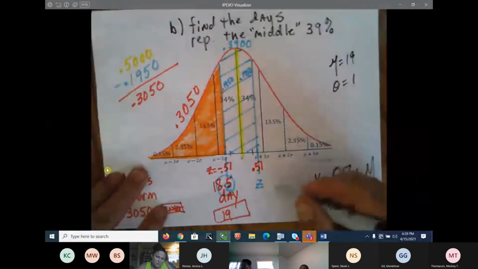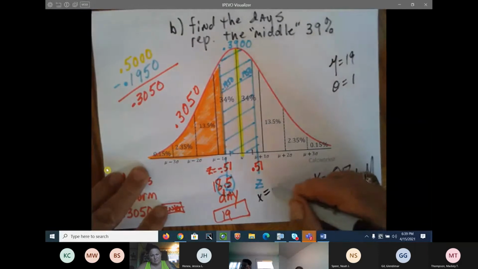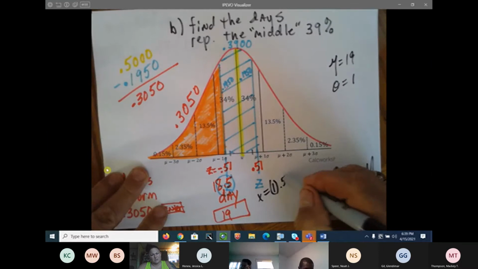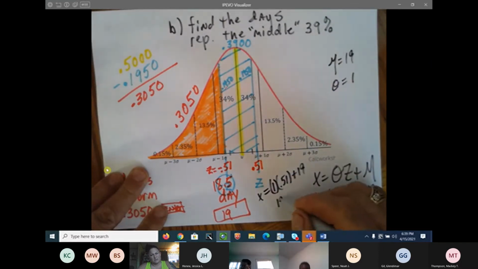X is equal to oz is 1 times 0.51 plus 19, and that's going to be 19.5, which is equal to what? 20.